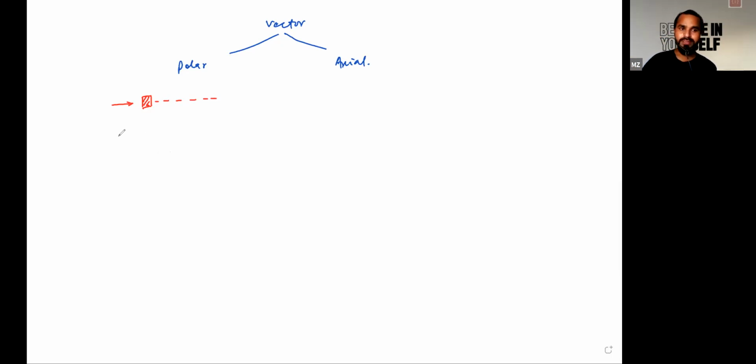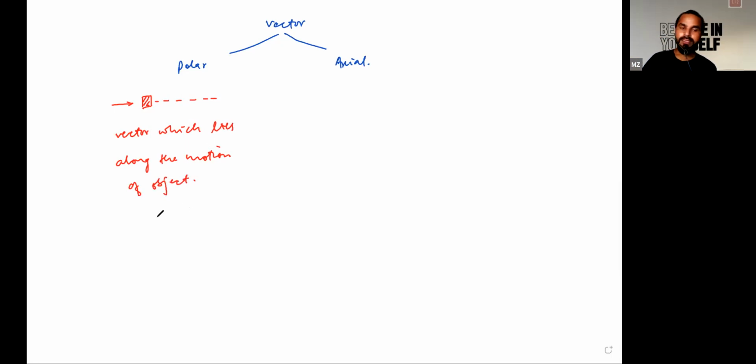So polar vector means a vector whose direction lies along the motion of the object.